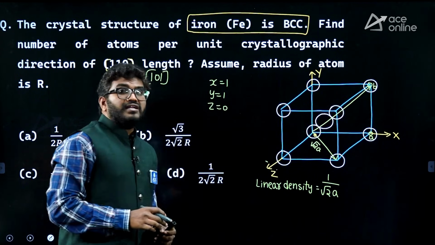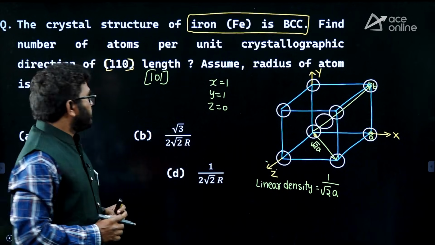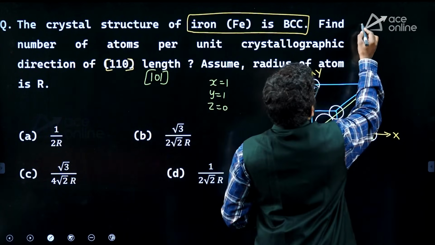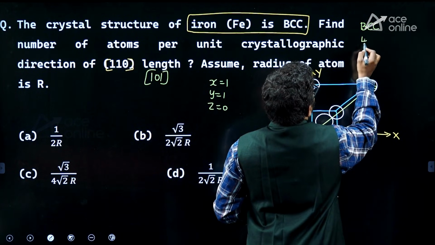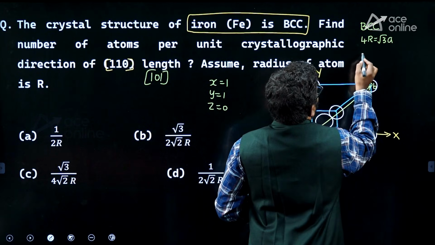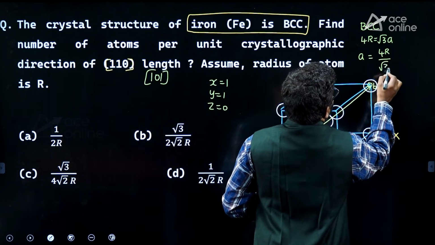But in the question, A is not given, R is given, the radius of the atom. So tell me, for BCC structure, remember, what is the relationship between R and A? 4R equal to root 3A. So A is equal to 4R by root 3.